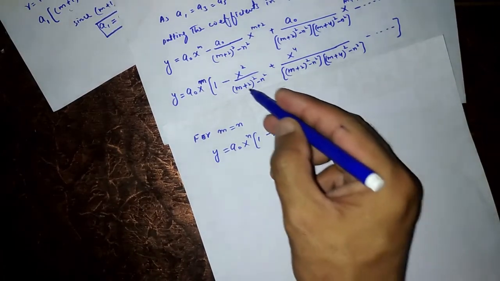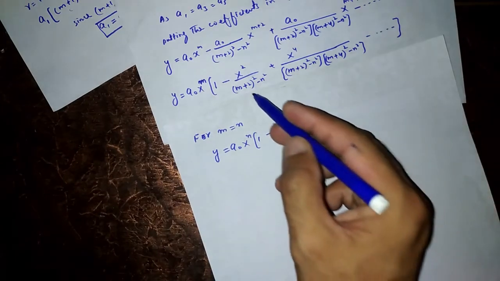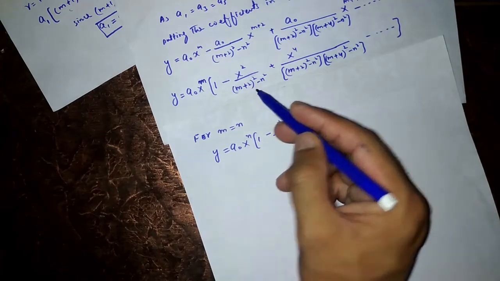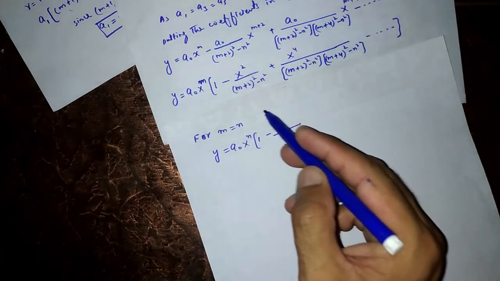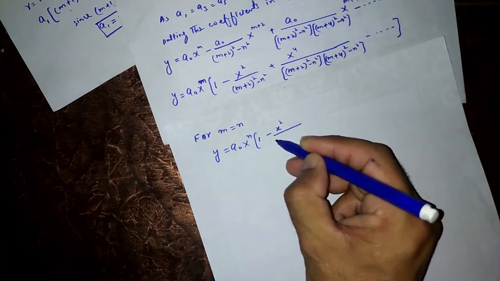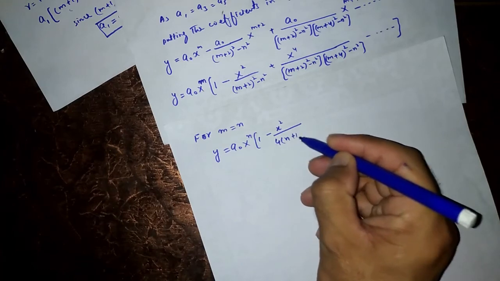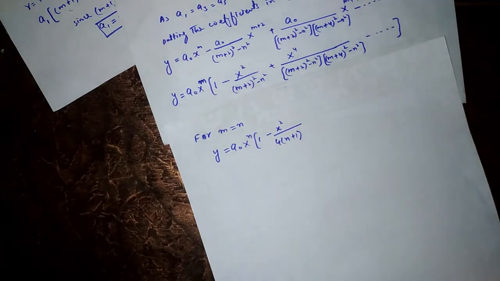So by simplifying it, first replace m by n and then simplify. This is not a difficult task, you can do it by yourself. I will write it here, 4 into n plus 1. Clear.